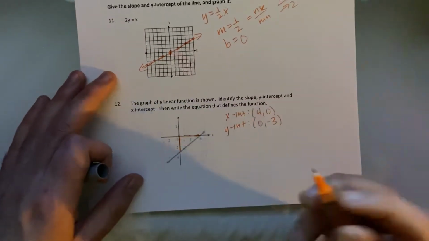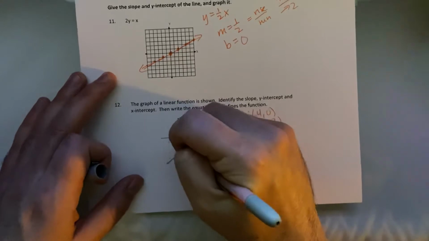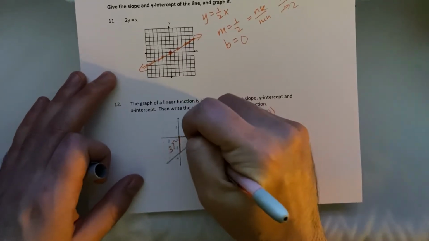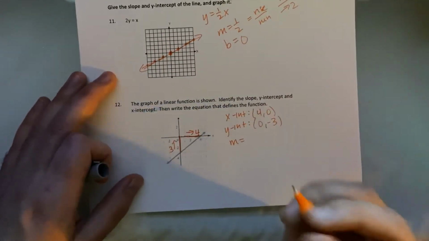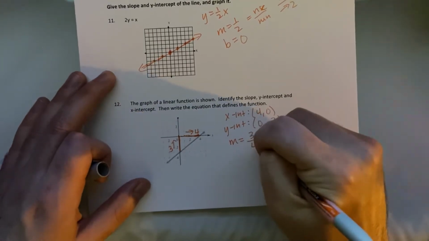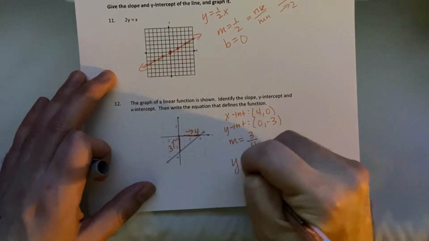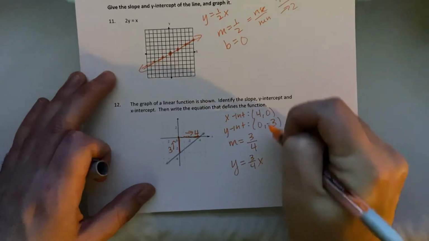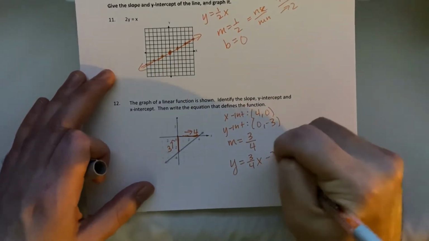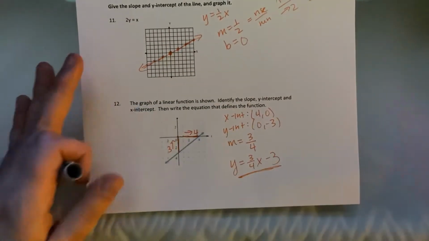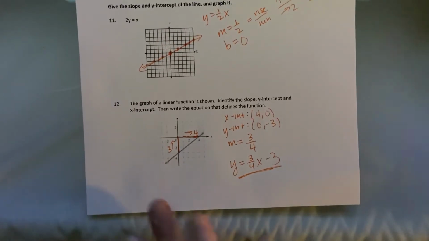If we find easy points, looks like we went up 3 and to the right 4. So our slope is rise over run 3/4, which gives us the equation y equals 3/4 x, and then our y-intercept minus 3. Easy peasy from an equation.